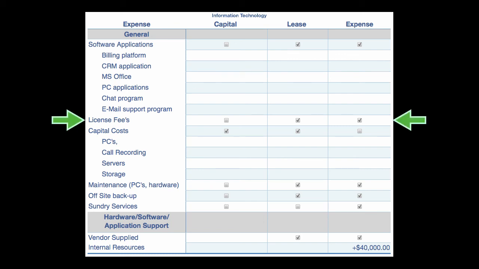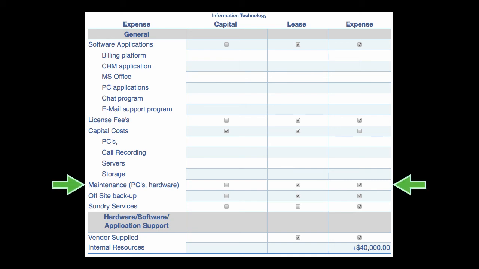Now, some of those applications require licensing fees where there's so much cost per user ID. Sometimes they cost them on a per unit basis, or they're bulked together in groups of 50 licenses, 100, that kind of thing. So you need to consider whether you've got licensing fees with your software applications. And then you've got your capital costs, your PCs, call recording equipment, servers, storage, those types of items. Consider those.